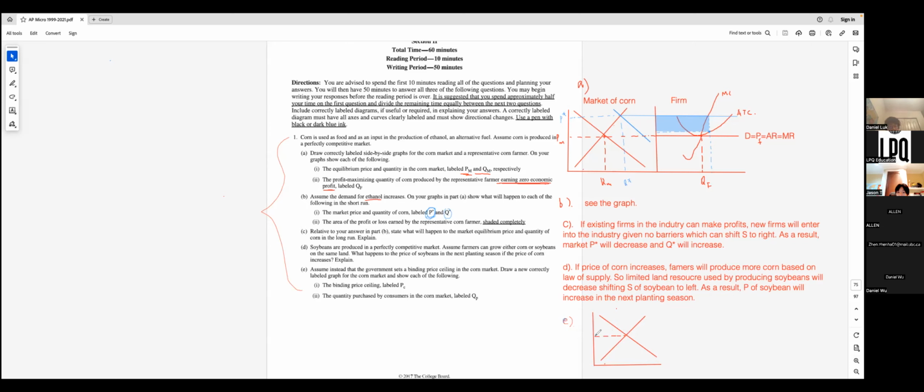Okay, so your y-axis is labeled by P star, your x-axis is labeled by Q star. So to set a binding price ceiling, what is a price ceiling again? Do you guys remember what the purpose is? Why does the government want to set a price ceiling?